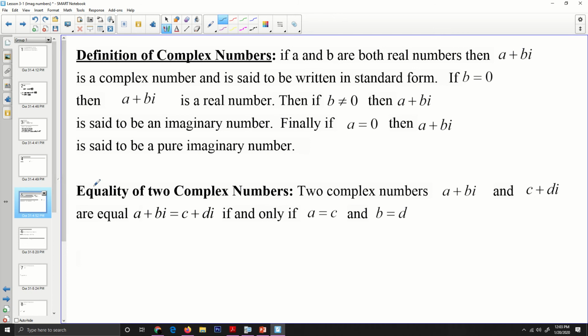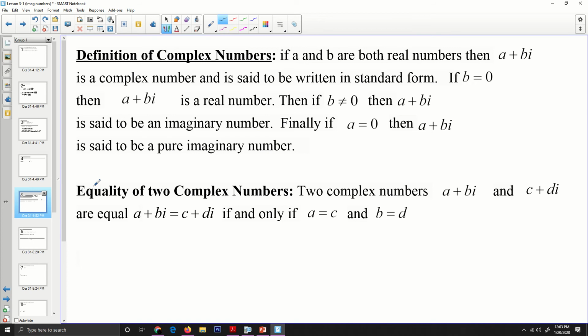Moving on. Definition of complex numbers. If a and b are both real numbers, then a plus bi is a complex number and is said to be written in standard form. If b equals 0, then a plus bi is a real number because 0 times i is still going to be 0.